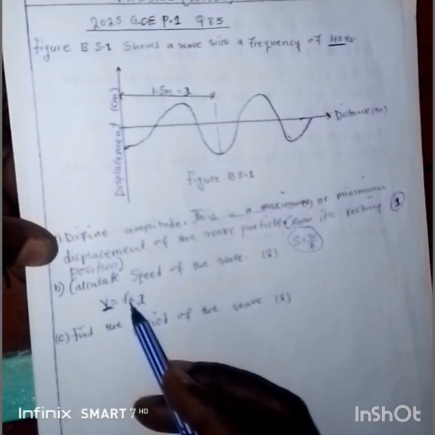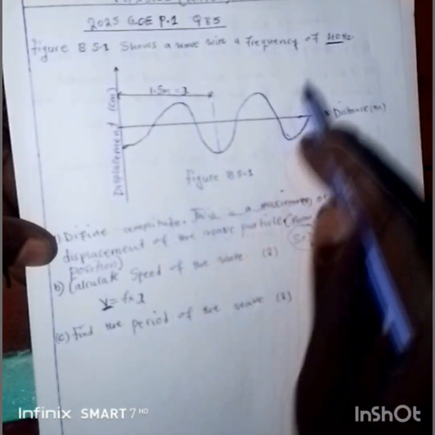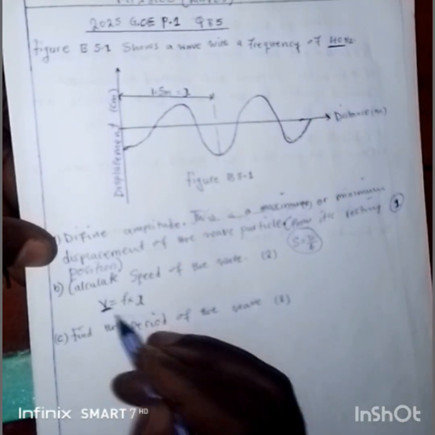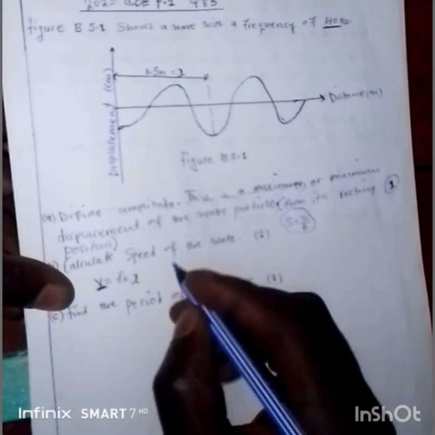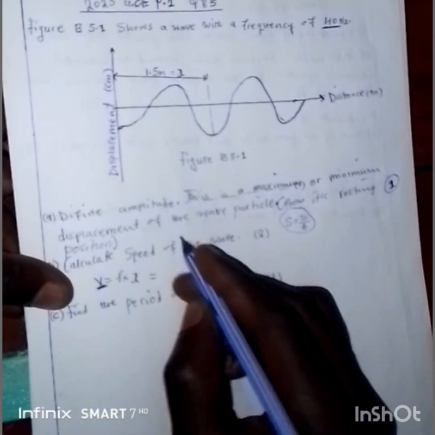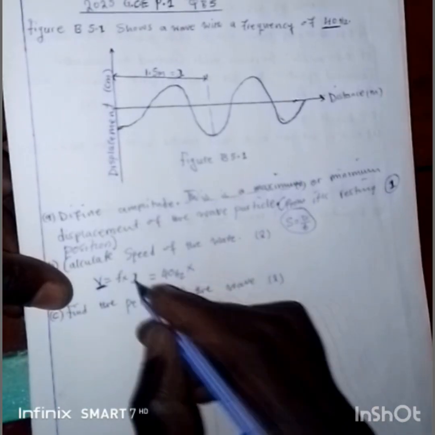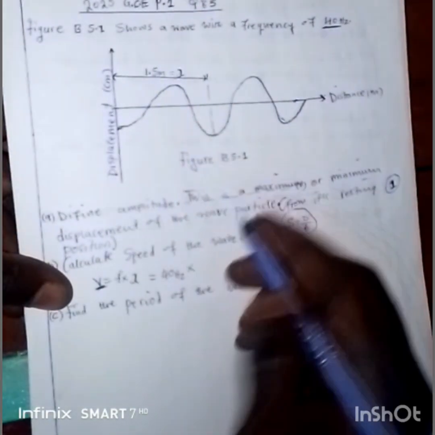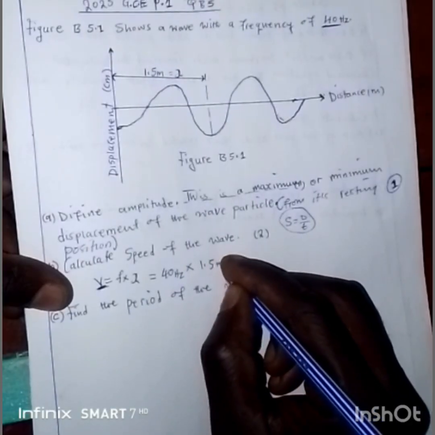But here, where you are given the wavelength and also the frequency, we use the formula v equals frequency times wavelength. Therefore, our frequency is 40 Hz, multiplied by the wavelength, which is 1.5 meters.